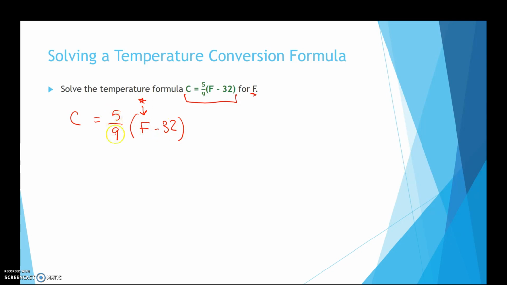First I need to get rid of this 5/9. This is 5/9 times what's in the parentheses, so I'm going to multiply by the reciprocal, 9 over 5. I now get 9/5 times C equals degrees Fahrenheit minus 32.